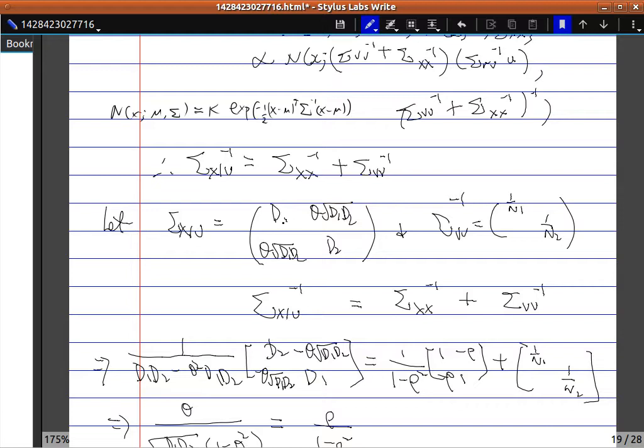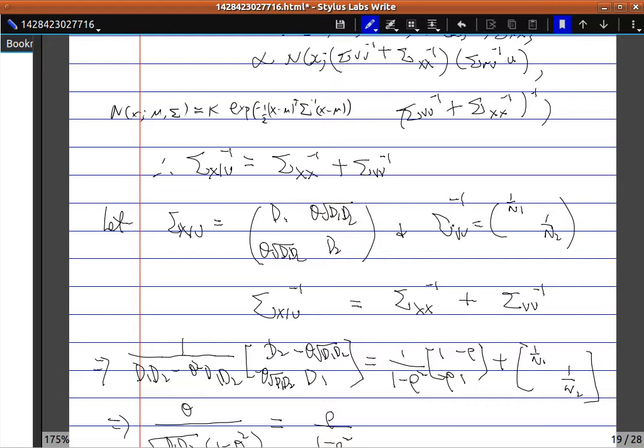So since we know that the target distortions are D1 and D2, we can write the form as a diagonal D1 and D2, and the off-diagonal will be theta times the square root of D1 D2, if we assume theta is the correlation coefficient between the two variables.